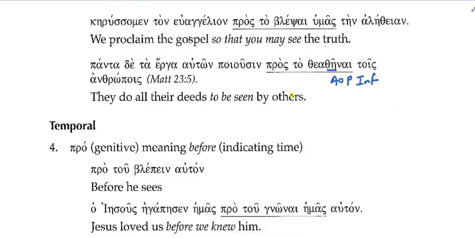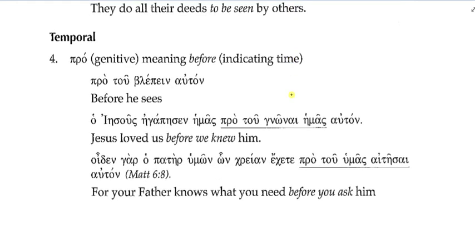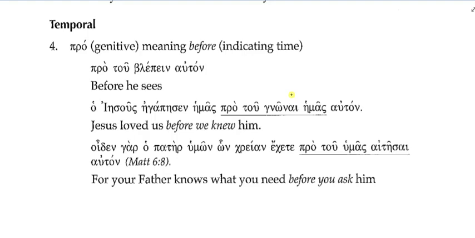All right. Now, the other sorts of semantics that you'll see with these prepositions plus infinitives is when they are temporal, okay? So, pro is a preposition that's going to take its object in the genitive case. And pro means before.